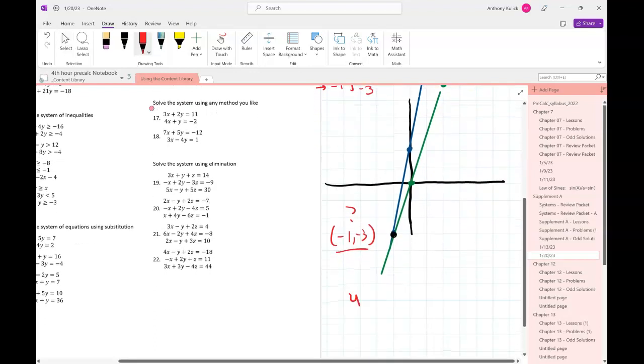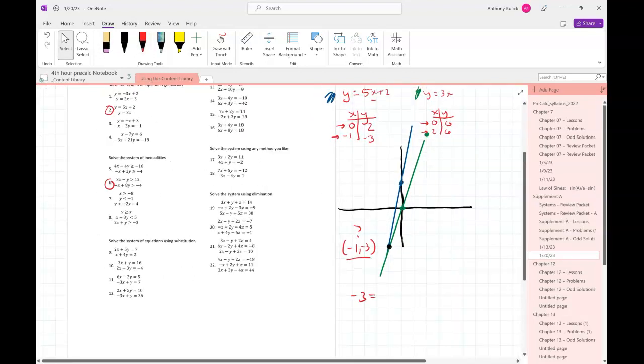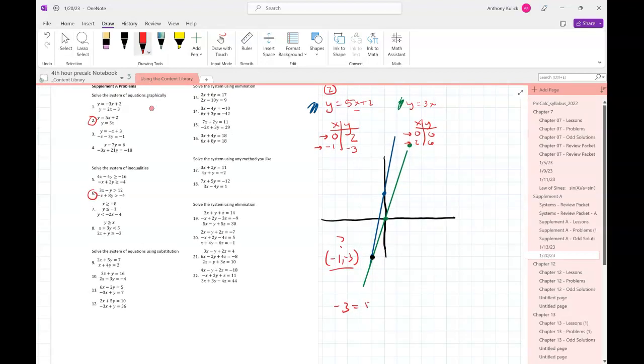Well, if I take my first equation and plug in -1 for x and -3 for y, that satisfies it because -3 is -5 plus 2.